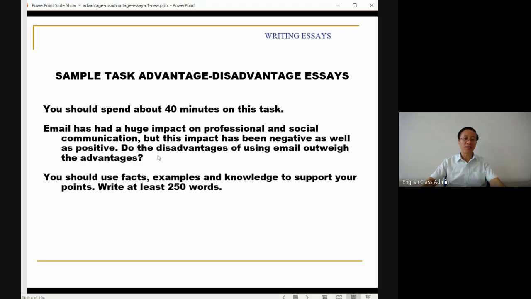The question is, do the advantages of using email outweigh the disadvantages? This question implies a discussion about the two aspects of using email in professional and social communication. And at the end of the writing task, you can see the requirement and also the length that you need to follow.